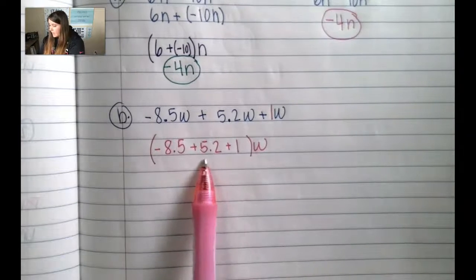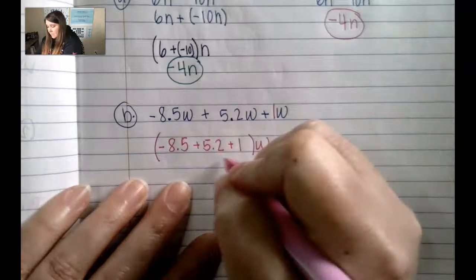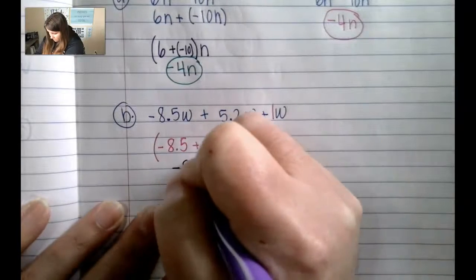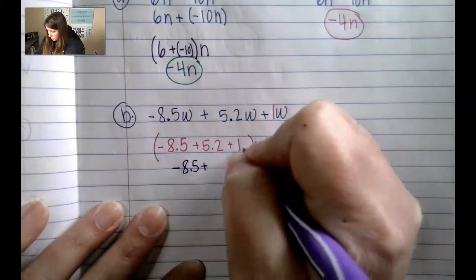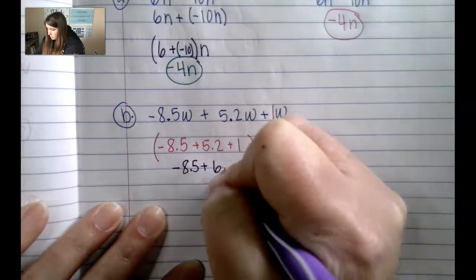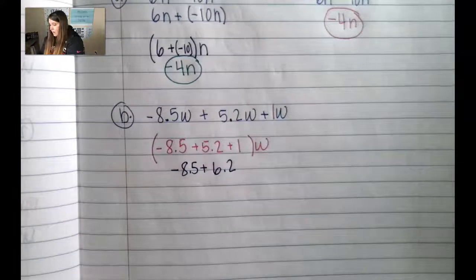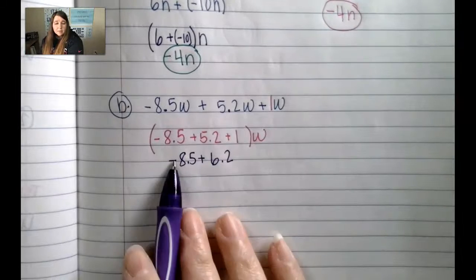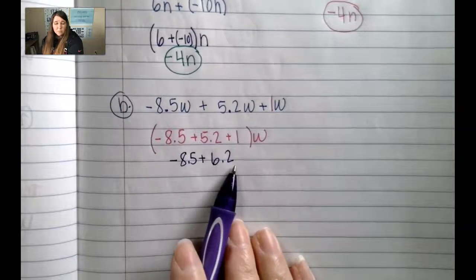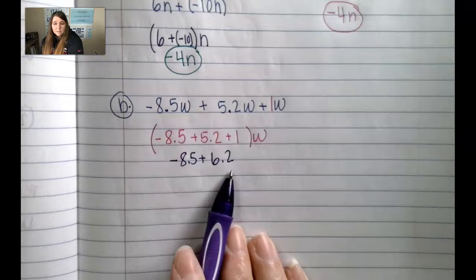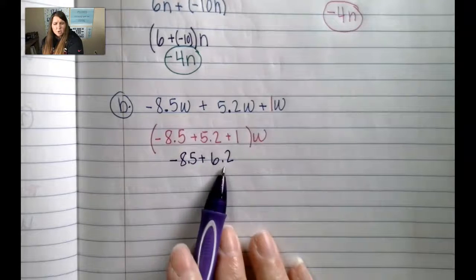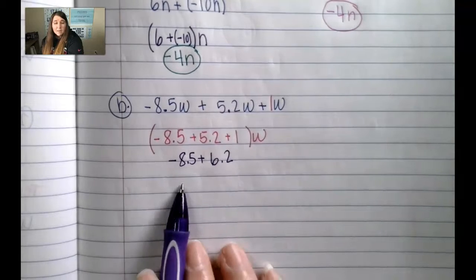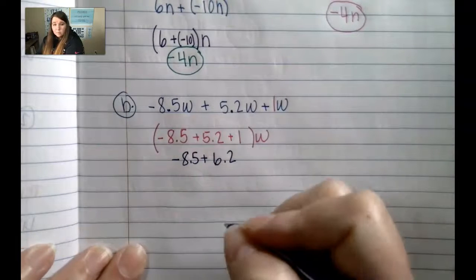Okay, so I can add the things that are the same and then simplify. If I do negative 8.5 plus 5.2 plus 1, that gives me 6.2. Now negative 8.5 plus 6.2 is really like a subtraction problem, because I had negatives and I'm adding on positives, so I'm going to end with a negative, but a smaller negative if we want to think of it that way.